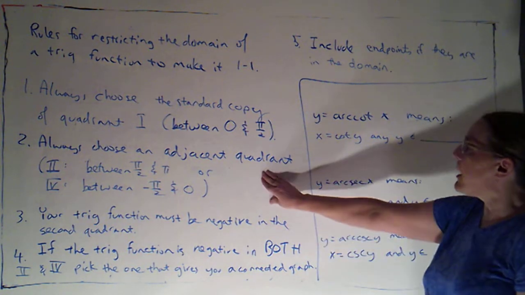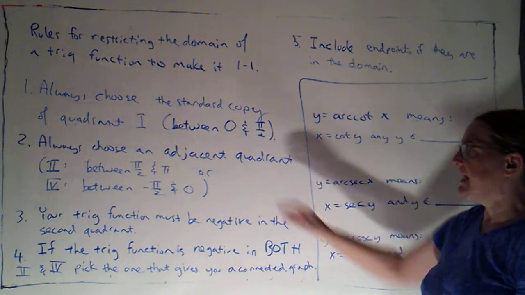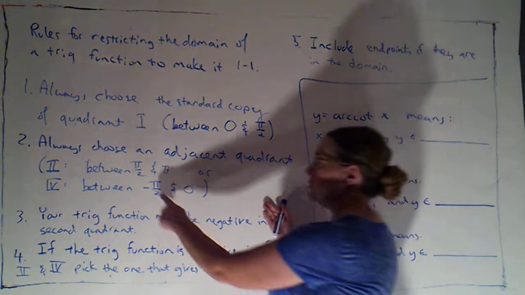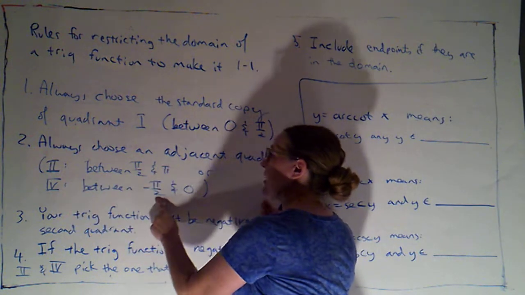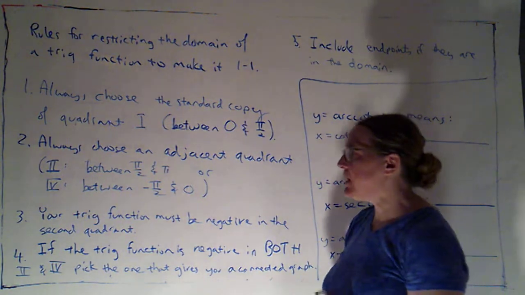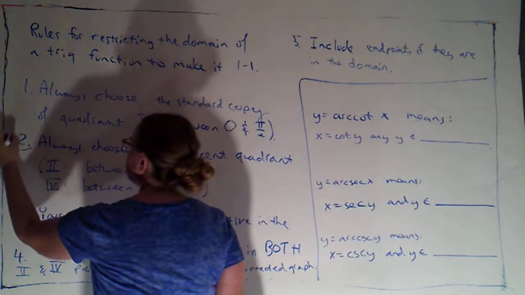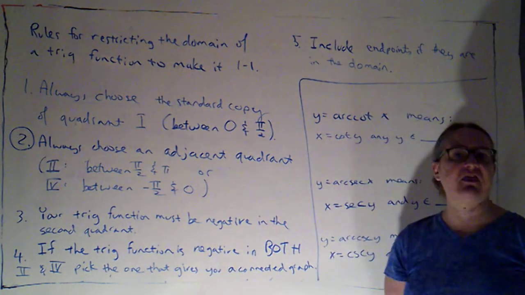Now we're always going to also choose an adjacent quadrant. Either quadrant 2, angles between pi over 2 and pi, or quadrant 4, angles between negative pi over 2 and 0. Now I do have to tell you that this rule is not universally agreed upon. In fact, I don't like that rule.